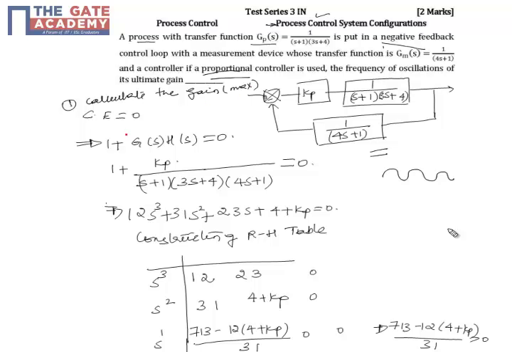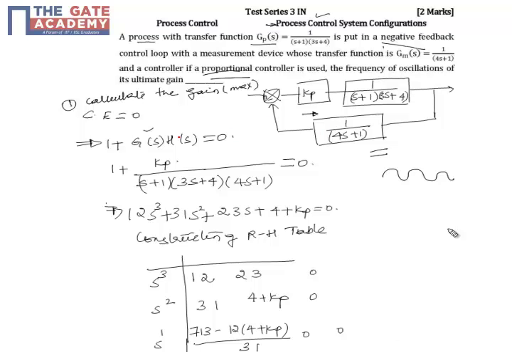For all these kinds of problems where we are asked to compute the gain or the frequency of oscillation, first we need to calculate the characteristic equation of the system, which is given as 1 plus G(s)H(s). Here the forward path transfer function is G(s) equal to Kp into 1 by (s plus 1)(3s plus 4), and H(s) is 1 by 4s plus 1.